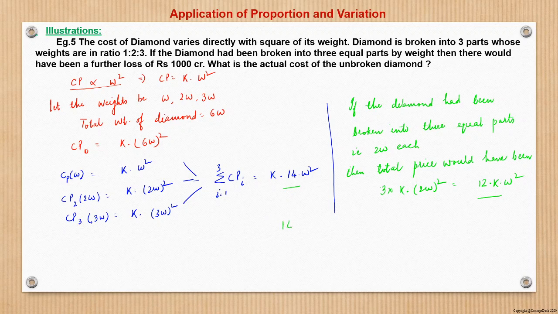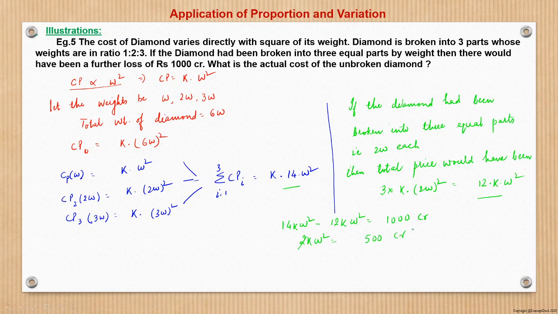So this difference, this minus this, is given as 14K W square minus 12K W square, which is 1000 crore. So from here we can say that 2K W square is that much, so K W square is 500 crore, right?